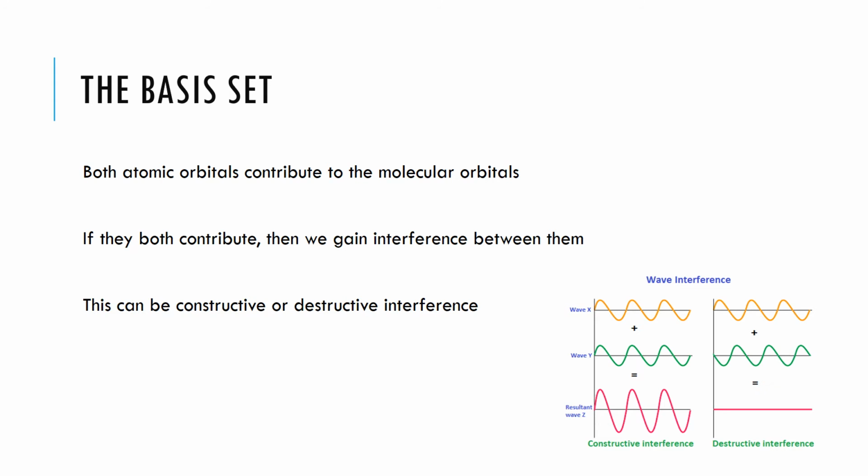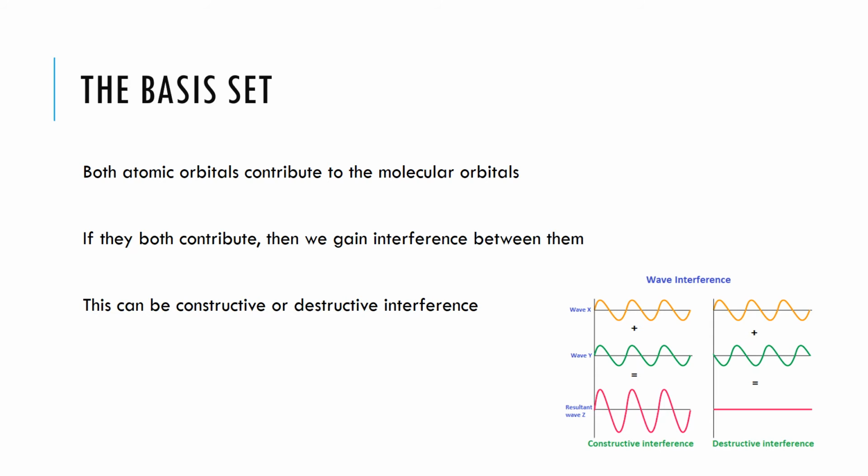Now, it's important to remember that both atomic orbitals, again, I'll leave the discussion for now at quite simple diatomic molecules, both the atomic orbitals that are overlapping contribute to the final molecular orbital. And if they both contribute, then we gain some kind of interference between them. And that interference can be constructive or destructive.